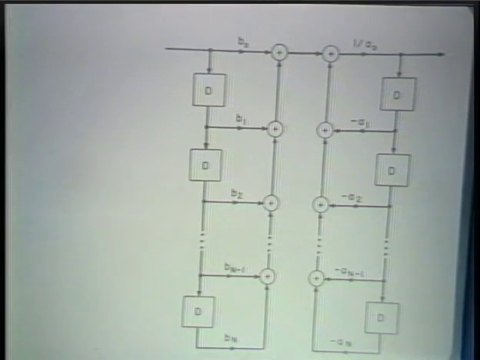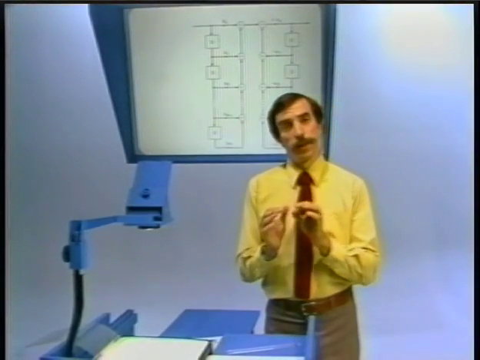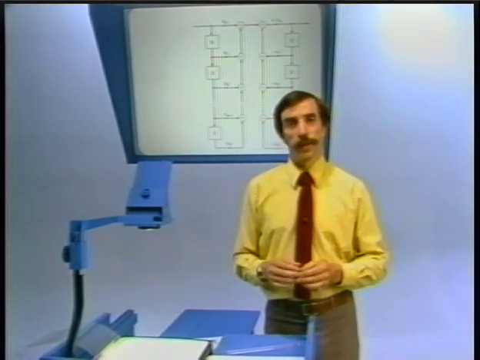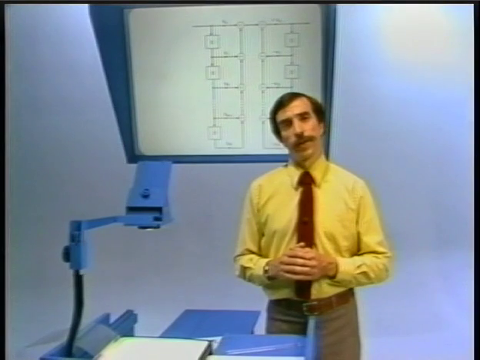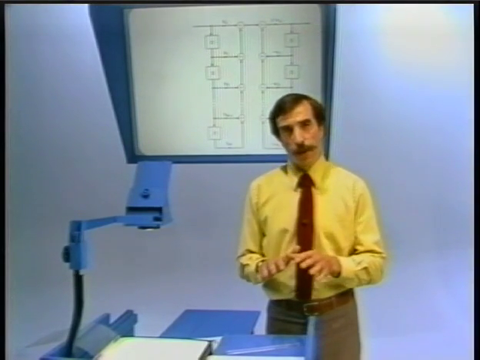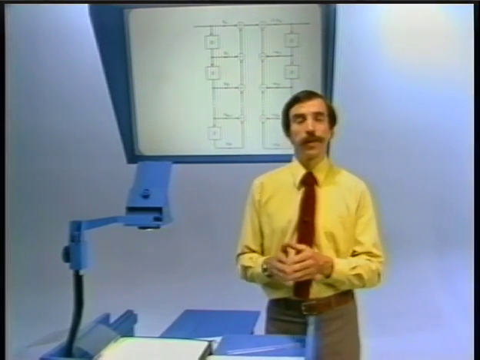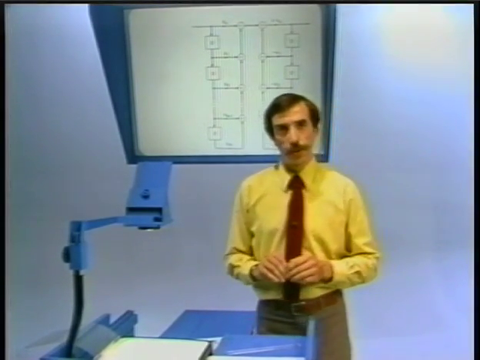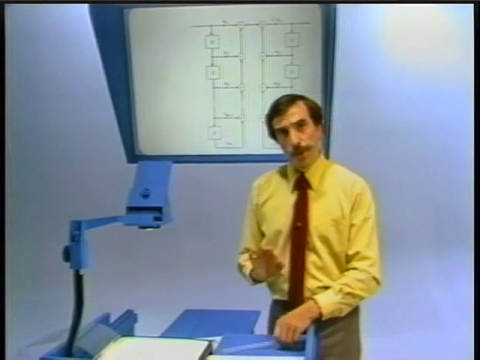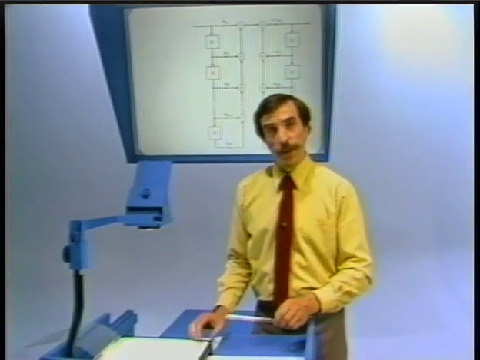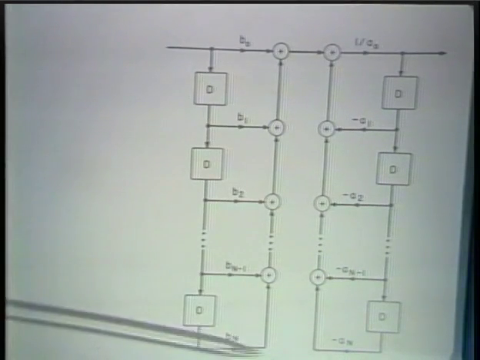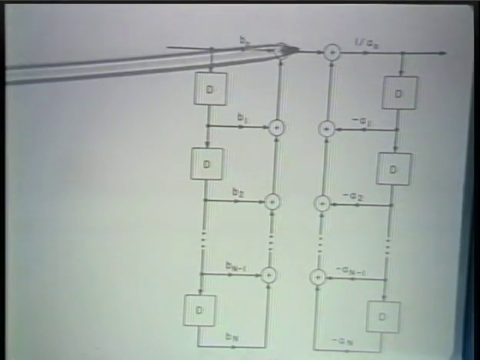Now, that assumes, of course, that my initial conditions are such that the system is, in fact, linear, and that, in turn, requires that we're assuming initial rest, namely, before the input does anything other than 0, there are just 0 values stored in the registers. But assuming that it corresponds to a linear time-invariant system, this is a cascade of two linear time-invariant systems.